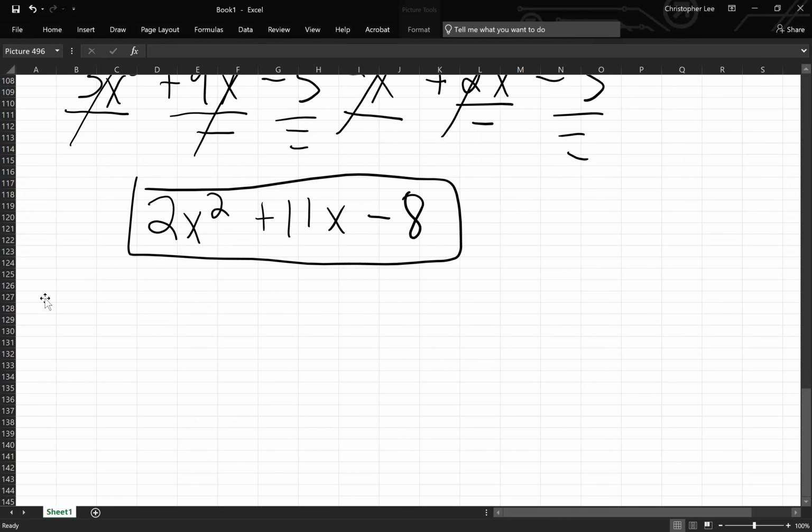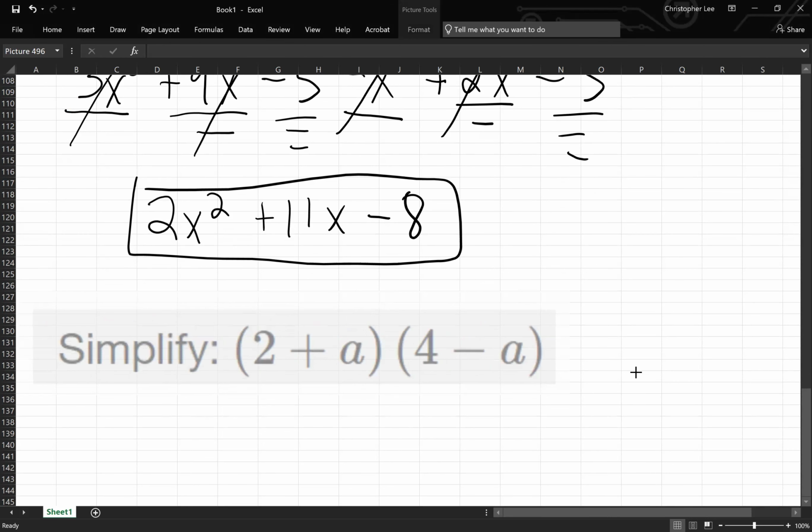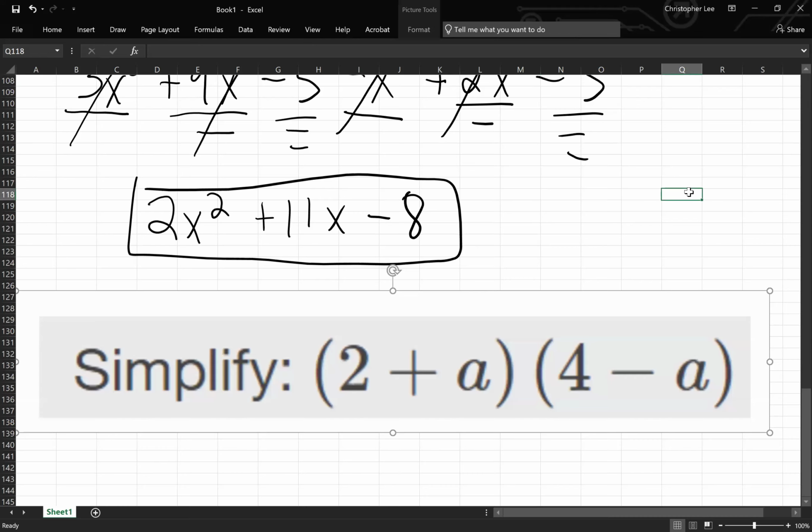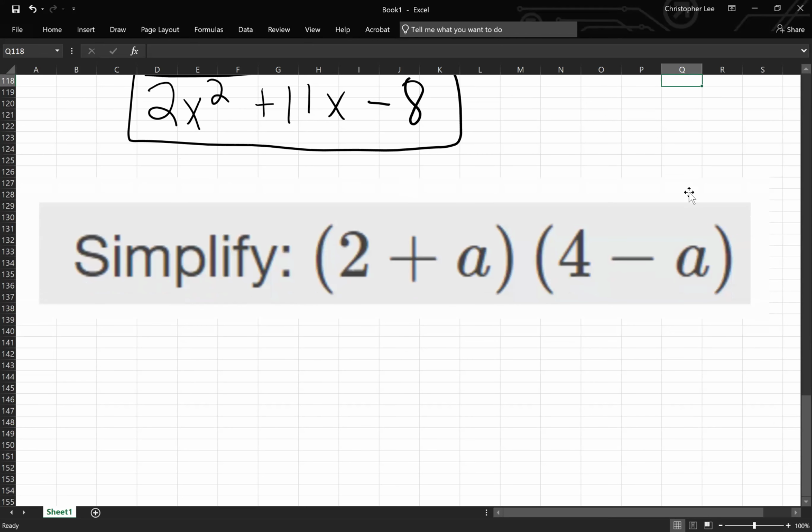All right. Who remembers how to do this? Little different. How do I simplify this?